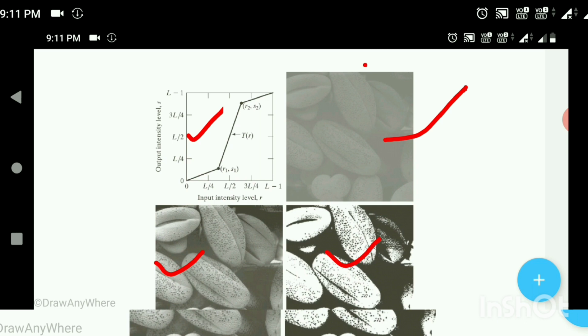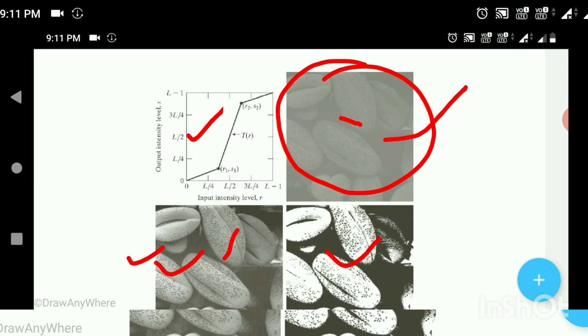The original image has low intensity values, and you cannot make out what the exact image is. After contrast stretching, the intensity values are expanded. Taking S1 equal to 0 and S2 equal to L minus 1, you get the thresholding function. This is for the thresholding function.